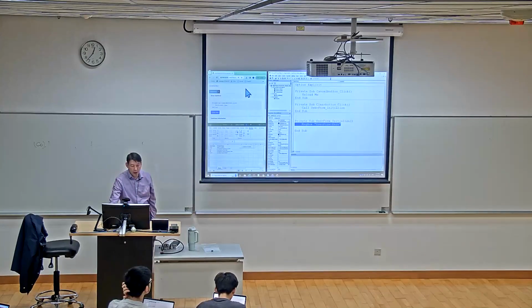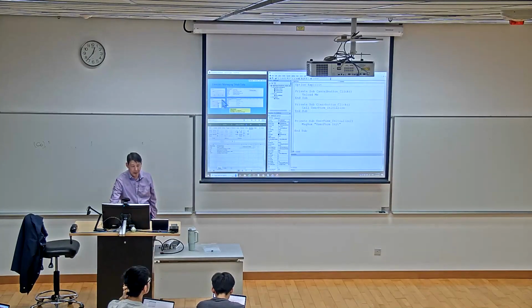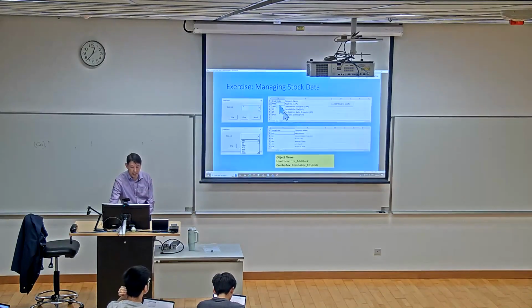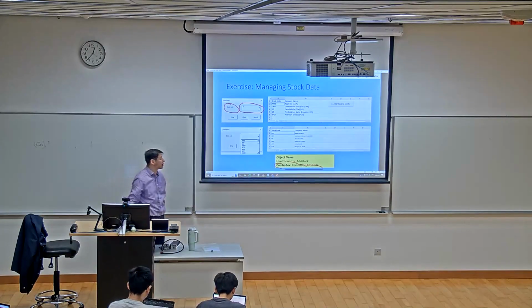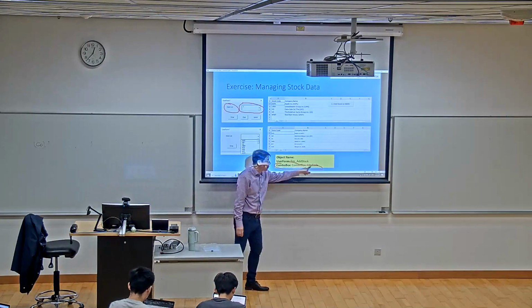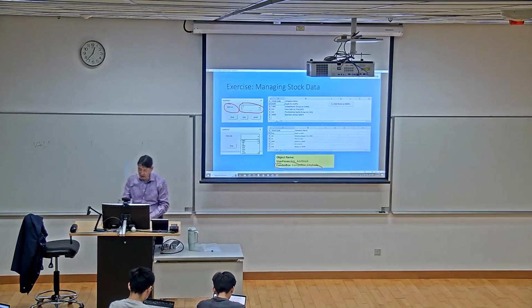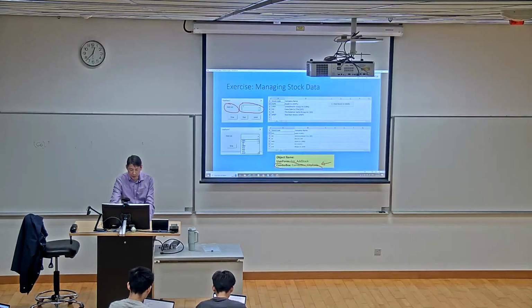According to the design, we need to do something like this. I suggested you should use a combo box object, and the names of the combo box objects should be like this. CT code, I think this is not appropriate, and we may modify this one.